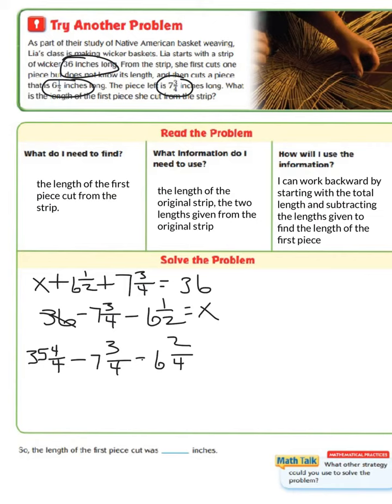Well, 4 minus 3 is 1. Our denominator does not change. And 35 minus 7 is 28. So 28 and 1/4 minus 6 and 2/4. Well, we see that our 1/4 is smaller than our 2/4, so we're going to have to borrow, make that 27.